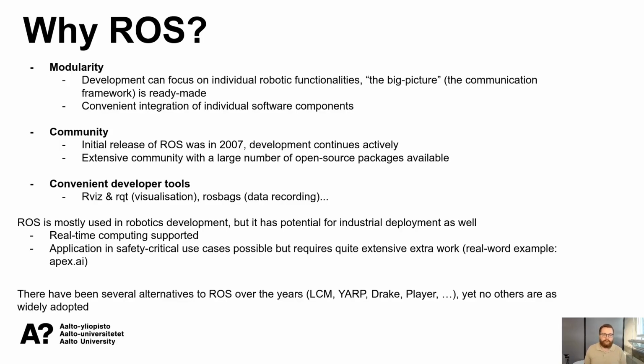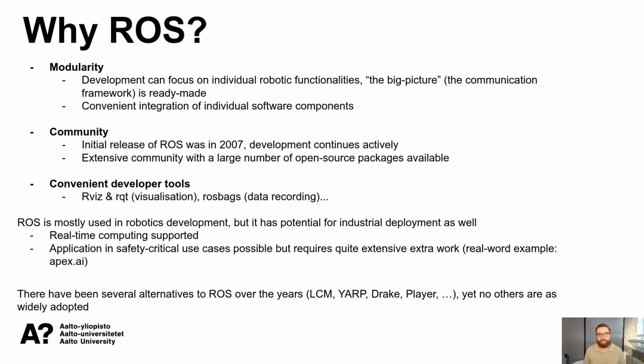As I've mentioned, ROS is mainly used for development, but with ROS 2, there are capabilities of implementing real-time functionalities, and thus industrial deployment of ROS systems is something that there is more and more interest towards. Some have already implemented ROS solutions for safety critical use cases. A real world example of this is Apex.AI.